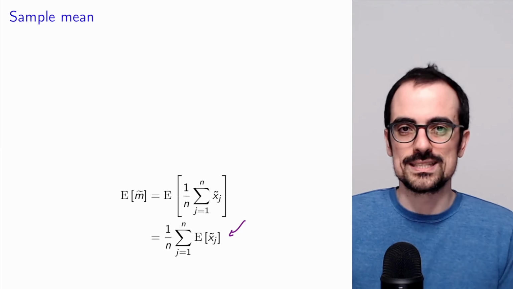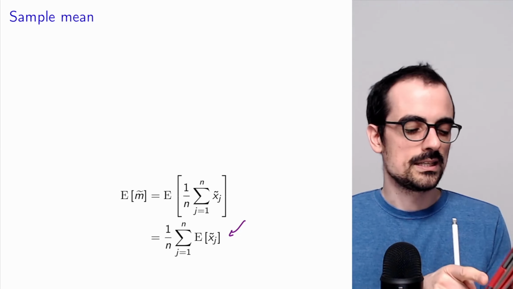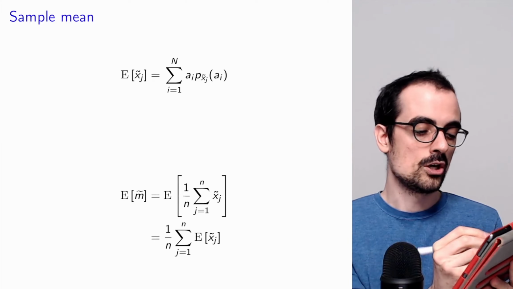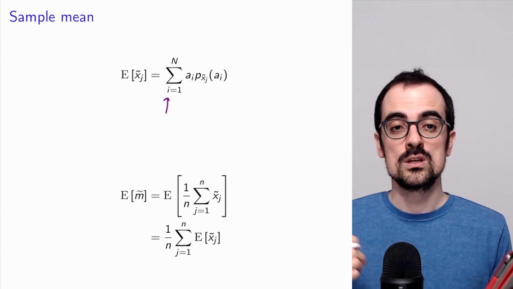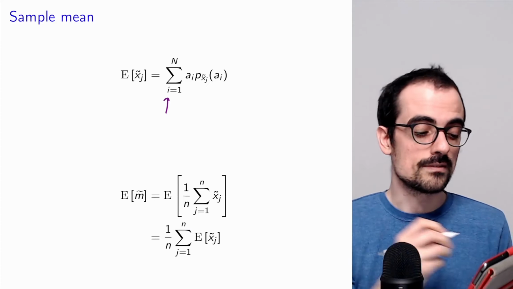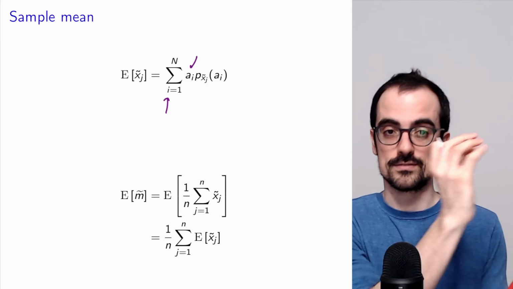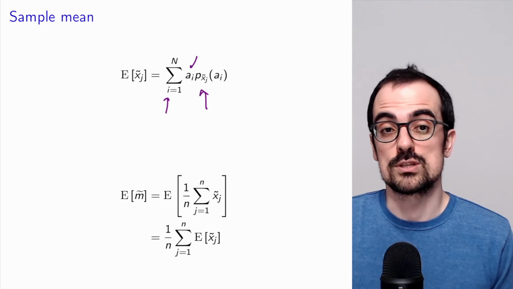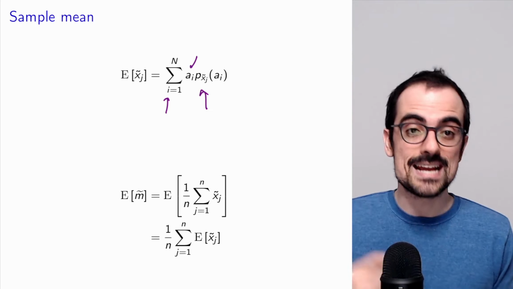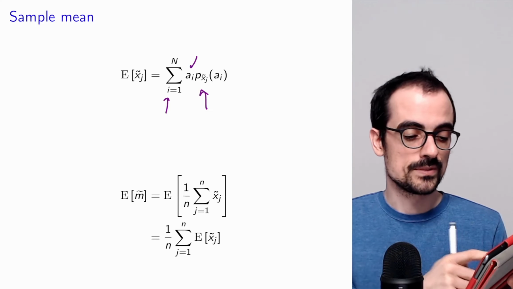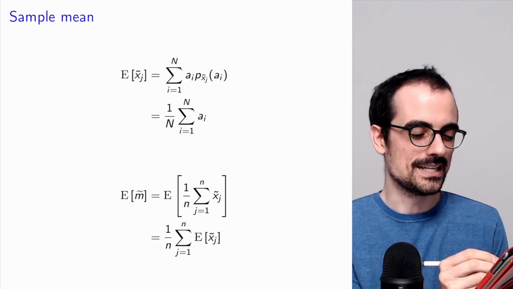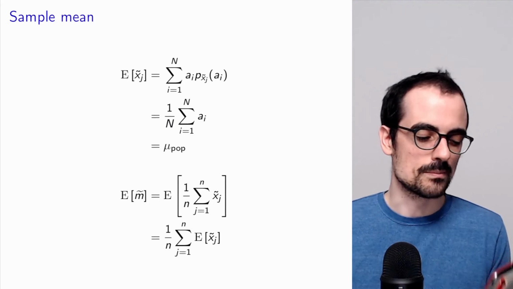So let's compute what the mean of each individual random data point is. The data points are selected among the population, so we have to sum their possible values. What are the possible values? Each of the individuals in the population, weighted by the corresponding probability. But the corresponding probability is just 1 over n because we're doing uniform sampling. So this is the average of all the elements in the population. This is equal to the population mean.